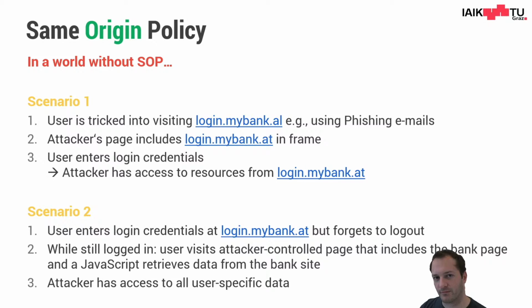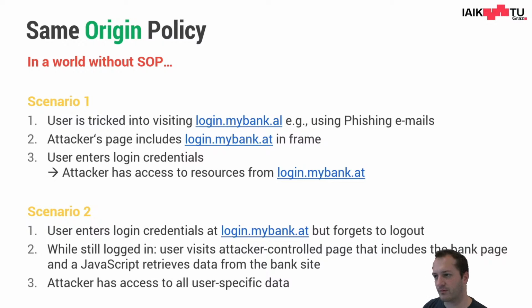So what this means in practice is that the same origin policy prevents some attack scenarios that are very obvious and would still be possible without same origin policies. To make this more visible, let's look at some scenarios that are actually realistic.